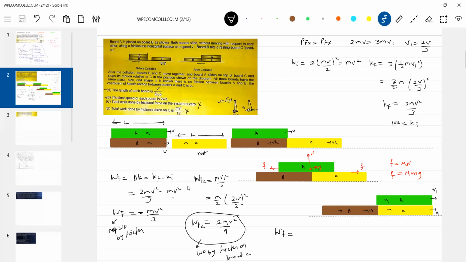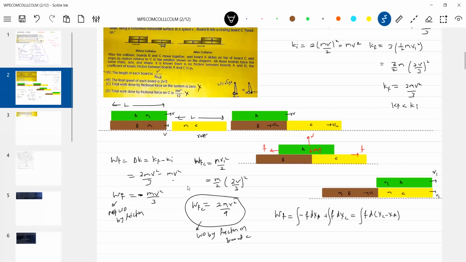This is variable. I'll bring it into the picture. So F is equal to... it does negative work on the block A, friction will be acting this way, and it does positive work on the block C. So this will become F into d of XC minus XA.